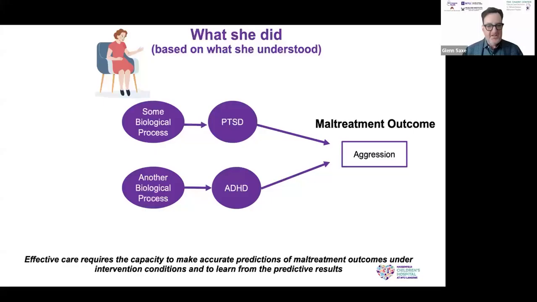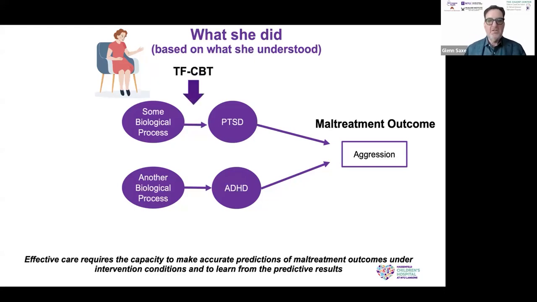Please mute yourselves. And then just to remind you about this, because it's so important: effective care requires capacity to make accurate predictions of outcomes under intervention conditions and learn from predictive results. So she thinks of the interventions, predicting things will get better when she delivers them or refers for them.